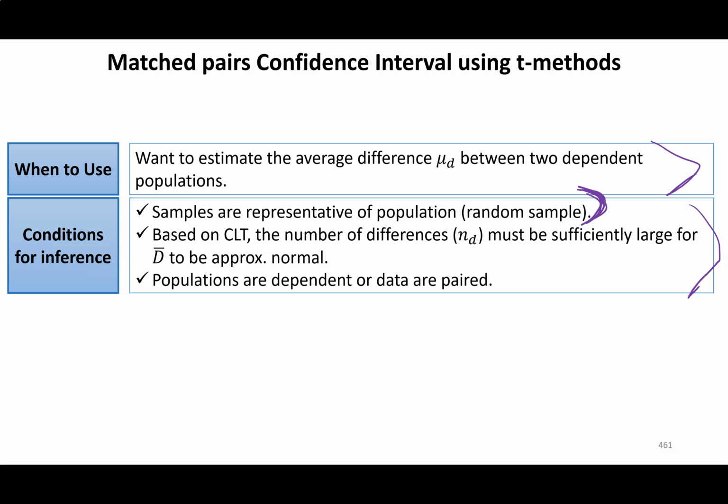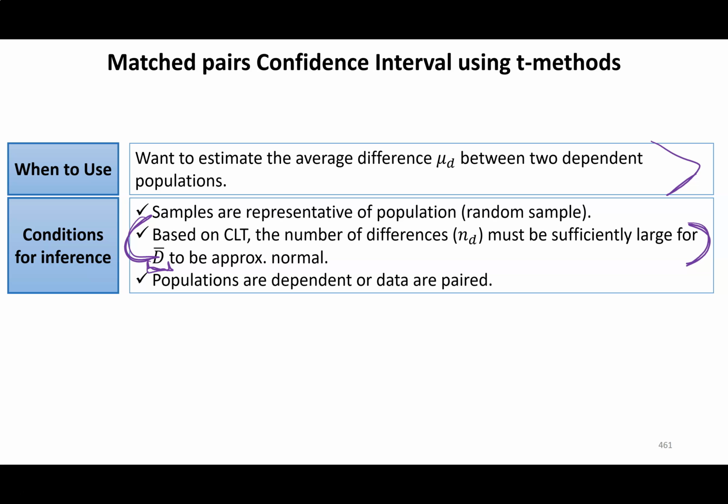We're always going to want to have representative samples. And the easiest way to get a representative sample is to take a random sample. And then we want to know that based on the central limit theorem, the number of differences that we have is going to be big enough for the sampling distribution of D bar, so not X bar here, but D bar, to be approximately normal.